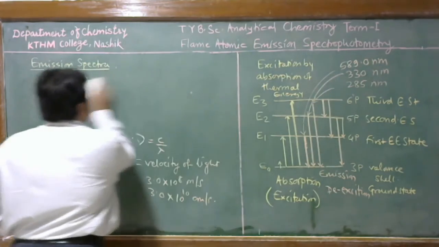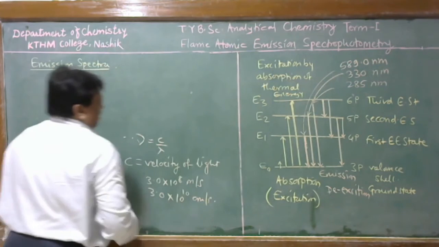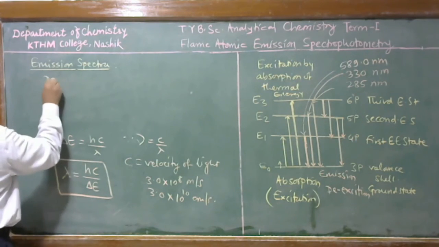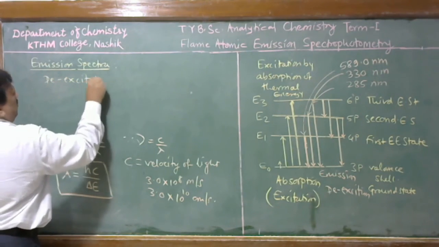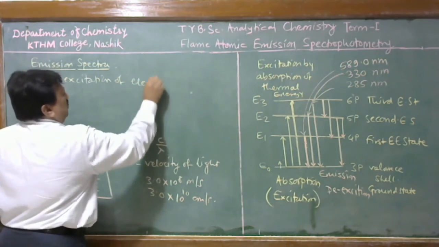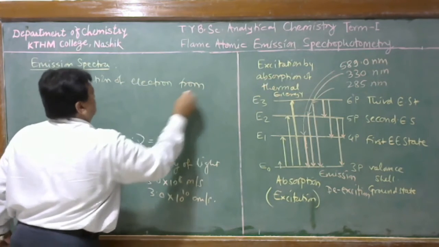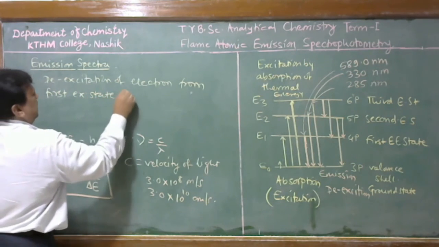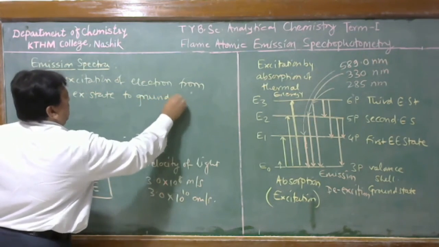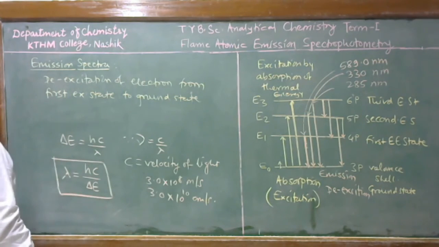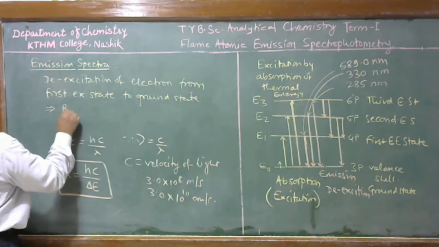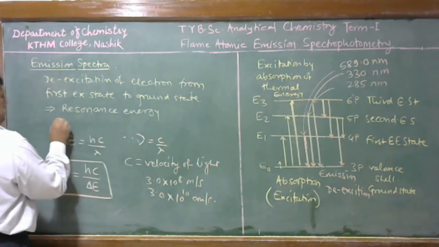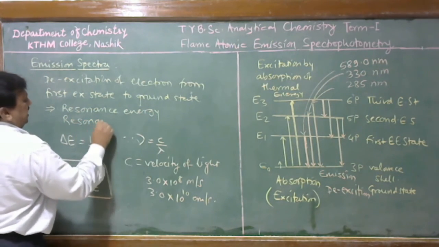When an electron is de-excited from the first excited state to the ground state, whatever energy is emitted is called resonance energy, and this line is also called the resonance line.